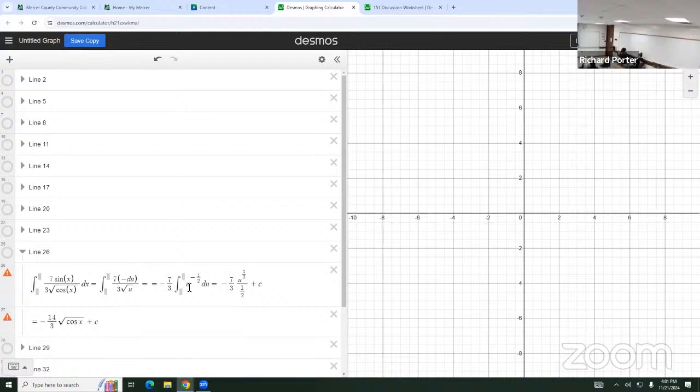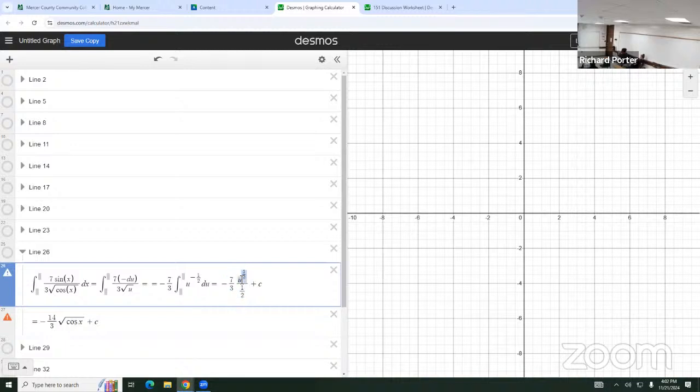And then they simplified it using some algebra. Then they took the 7/3 out, and then they solved the integral with the plus c. And then what did they do to get from that last step where the integration's already done? Integration done. What did they do here? By the way, they did a little algebra, but that wasn't really what happened.